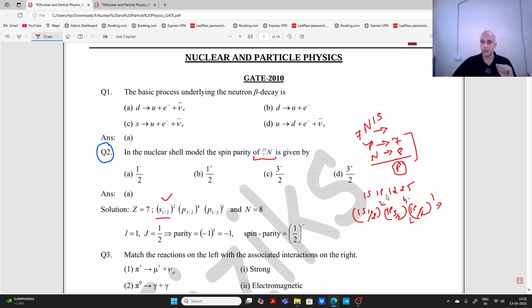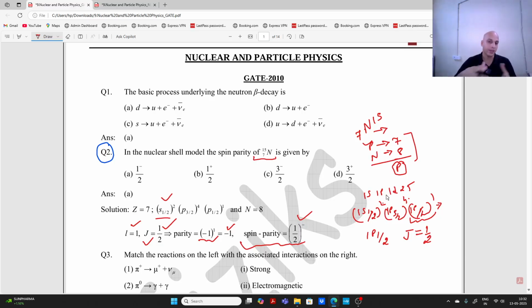So this is the last shell in which the proton is present, and for this it is 1p 1 by 2. It means J is equal to 1 by 2. So spin is equal to 1 by 2. It is given here. For p, L is equal to 1. So parity is equal to minus 1 power L. So it is negative. So spin and parity of this nucleus is 1 by 2 negative.